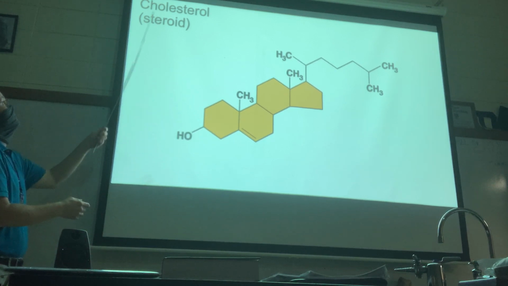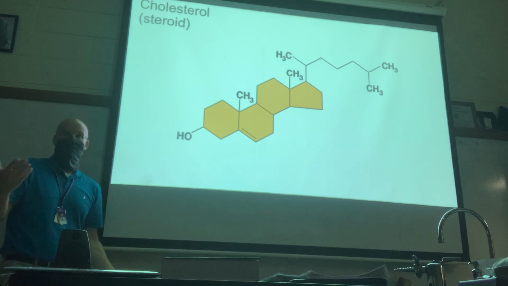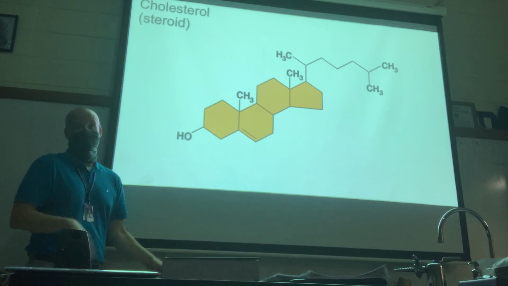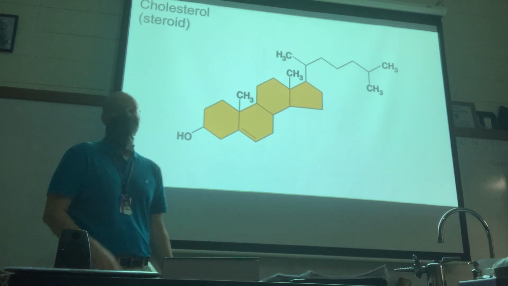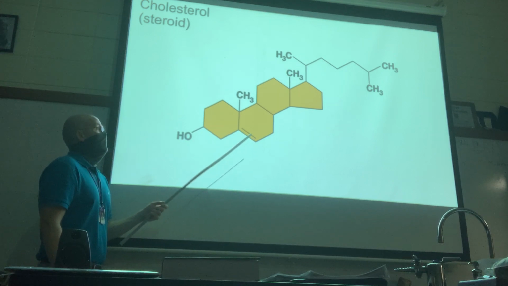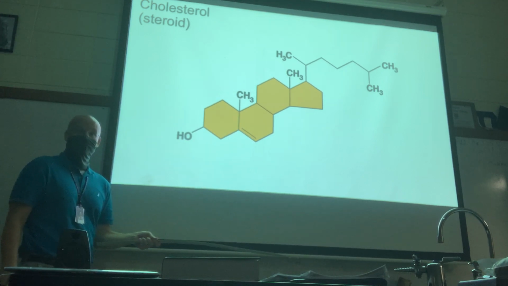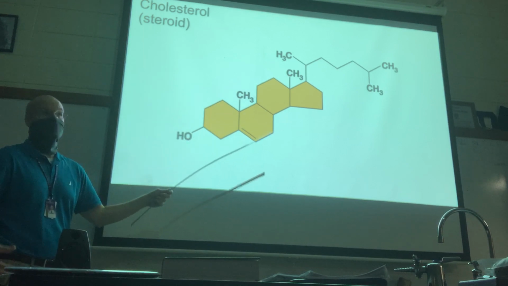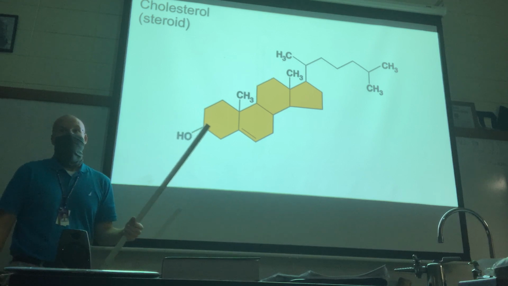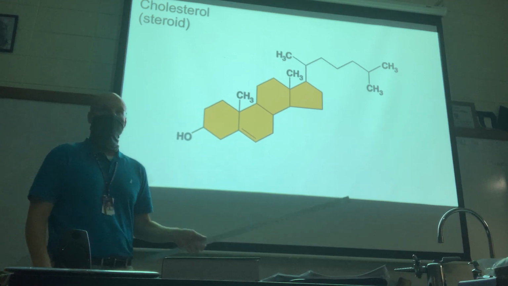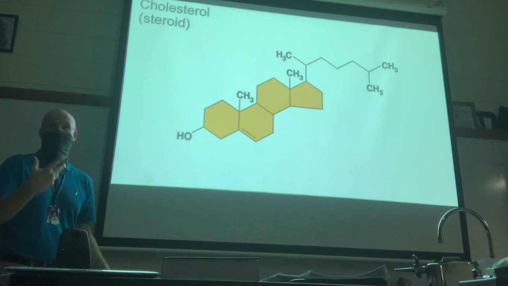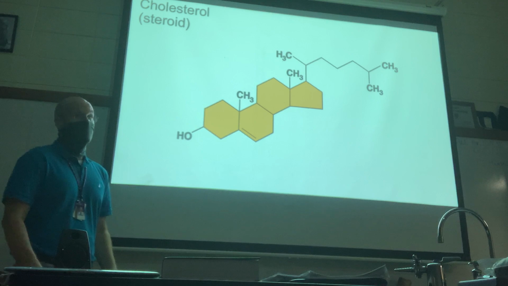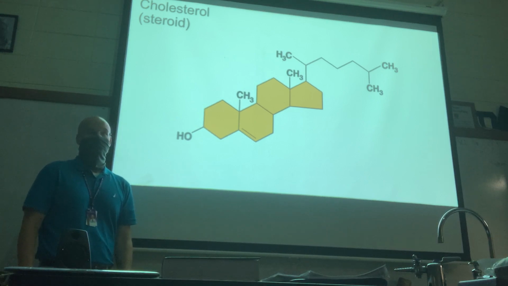And this specifically is cholesterol, which again is a component in food. This is a very important molecule for life, especially in the animal world. We'll get into its function later. It's in a whole group of chemicals known as the steroids, which is a term you've probably heard before. There are many, many types of steroids, and cholesterol is one of them.